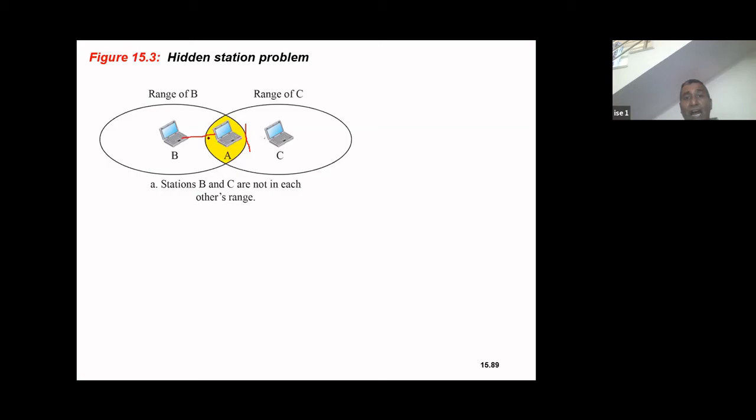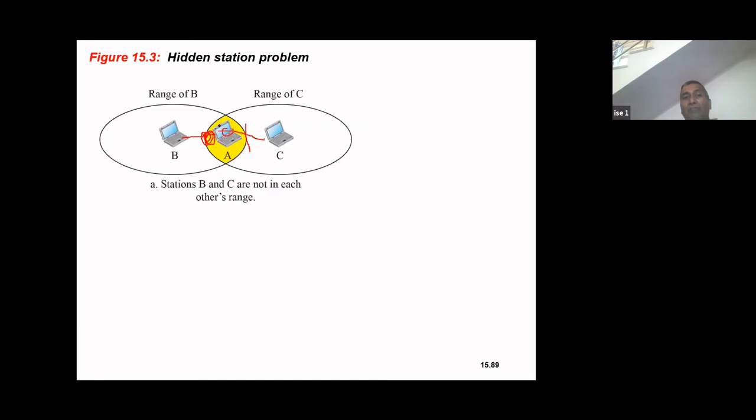So when the frame had arrived halfway, the electromagnetic signal sent by B in the direction of A was not sensed by C. And when this signal was halfway in the direction of A, C felt that the medium was free. It started sending its frame towards A.